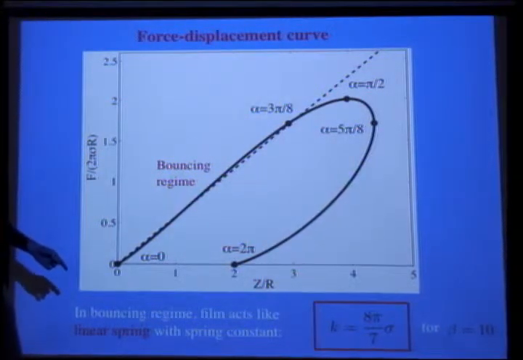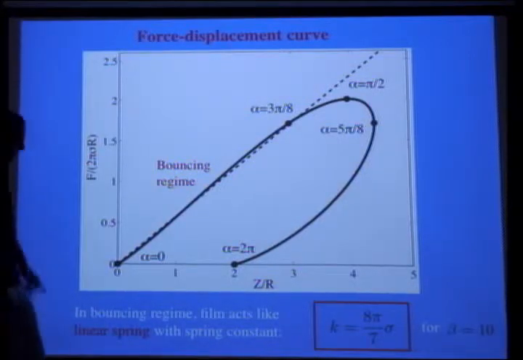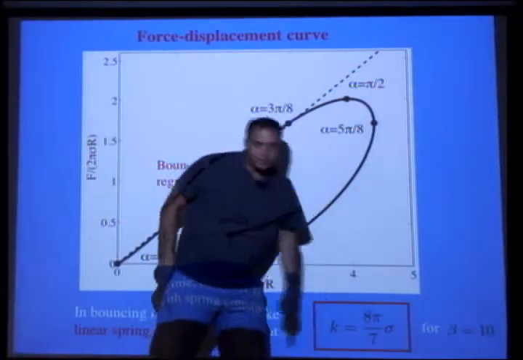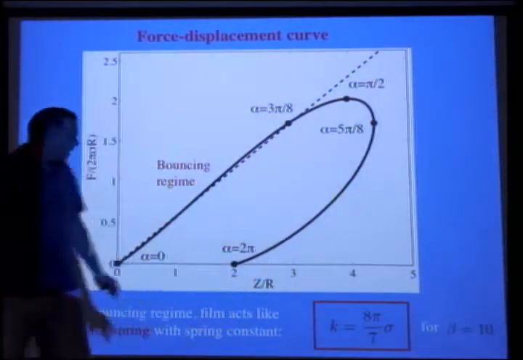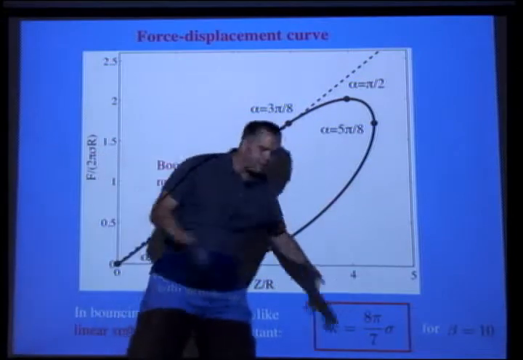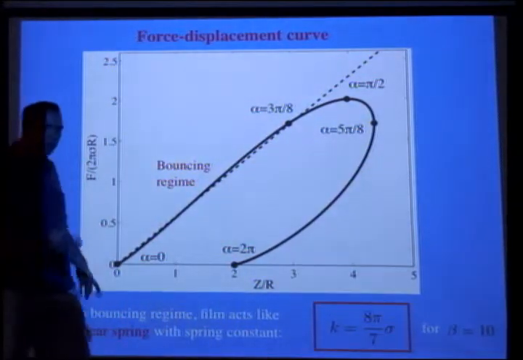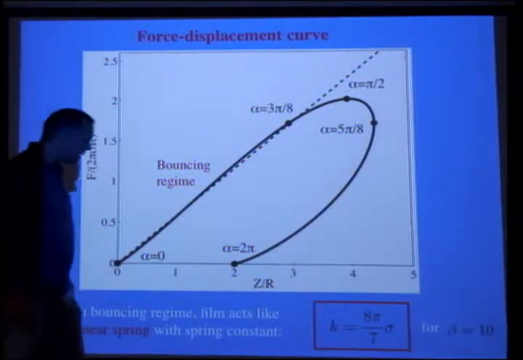So we can suddenly say, oh, well, the soap film is like a linear spring. Okay? So it's a linear spring, and F equals kz, and the spring constant is just linearly proportional to the surface tension. It turns out this coefficient actually depends on how big the ring is relative to the drop size, but you can calculate it as a function of the ring size.